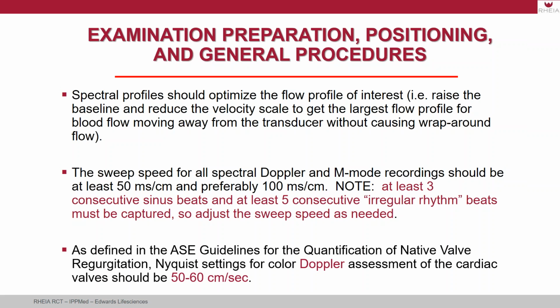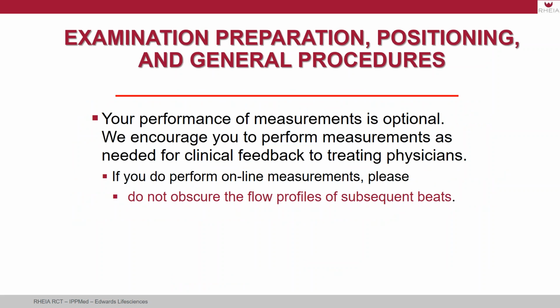And in terms of the Nyquist settings for color Doppler, we align with the ASE guidelines, and generally your settings should be between 50 and 60 centimeters per second for color Doppler. And there is no quantitation of MR or AR planned in this trial, so there is no need to decrease the Nyquist limit.